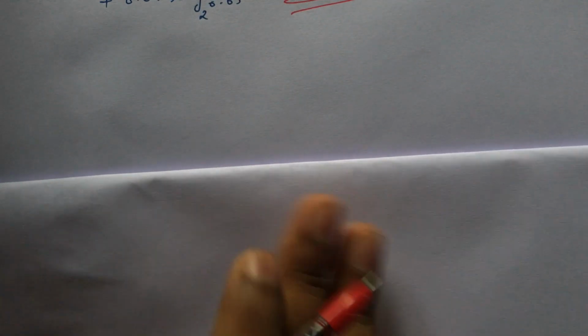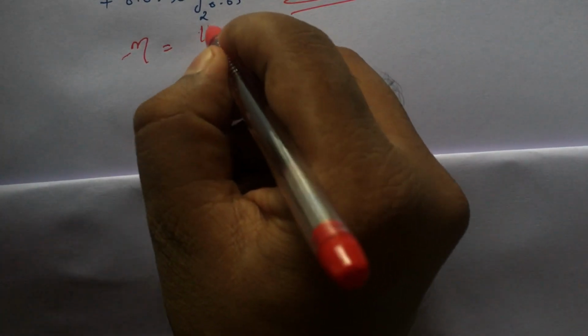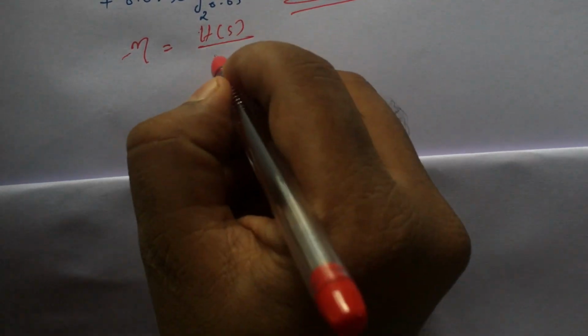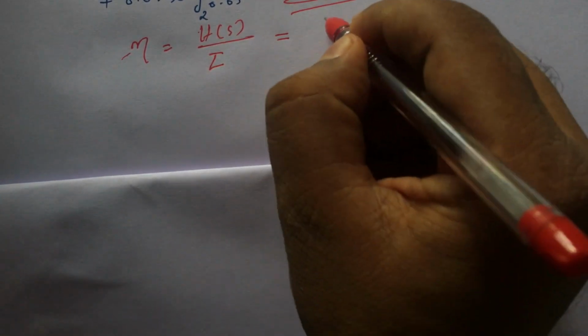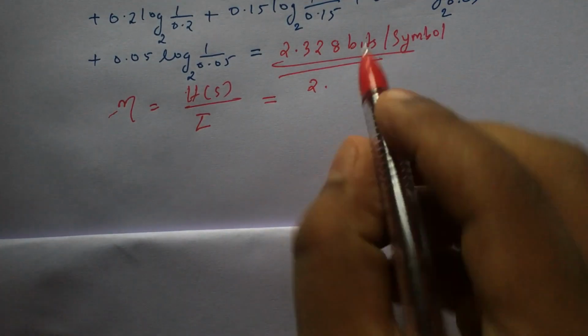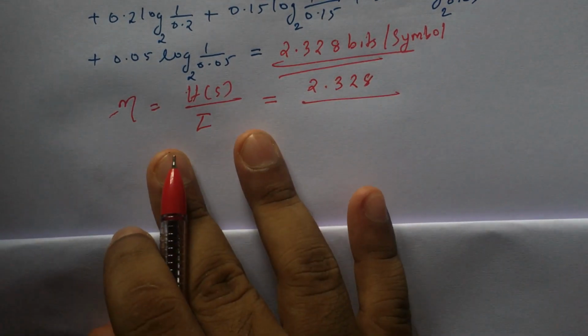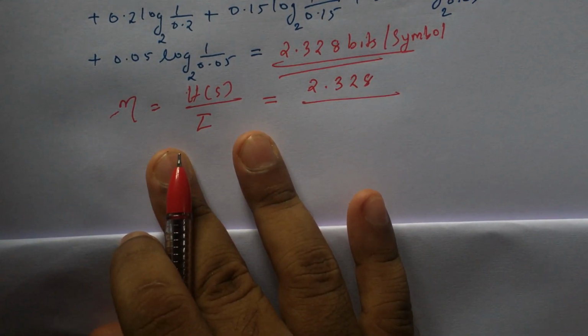Efficiency. Eta is equal to H of S divided by L bar, that is equal to H of S is 2.328 divided by L bar.